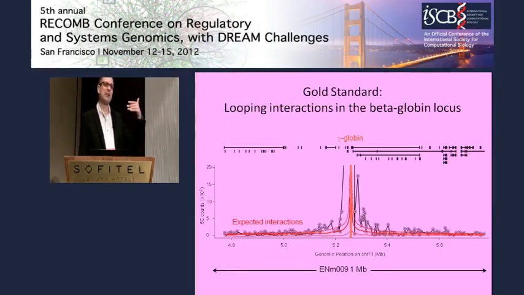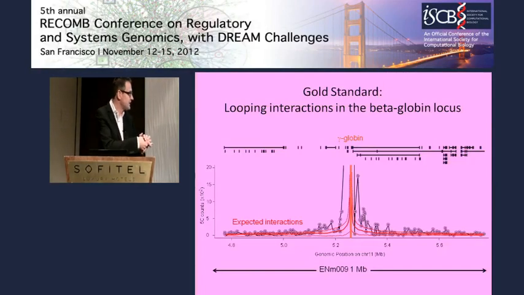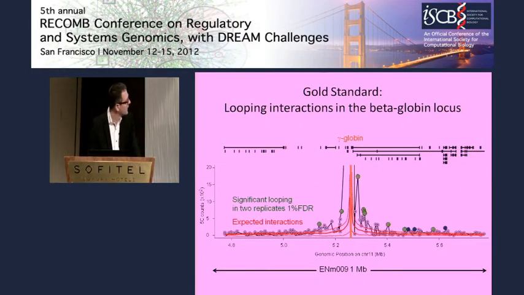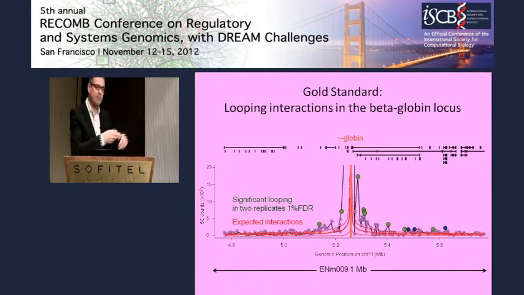So now we have basically a model that says for a given distance we have a certain expectation, and we can now look for interactions that happen more frequently than that expectation at a particular FDR. We picked a 1% FDR, and in green here we indicate interactions between this gene, the gamma-globin gene, and distal sites that are reproducibly found in 2 biological replicates.